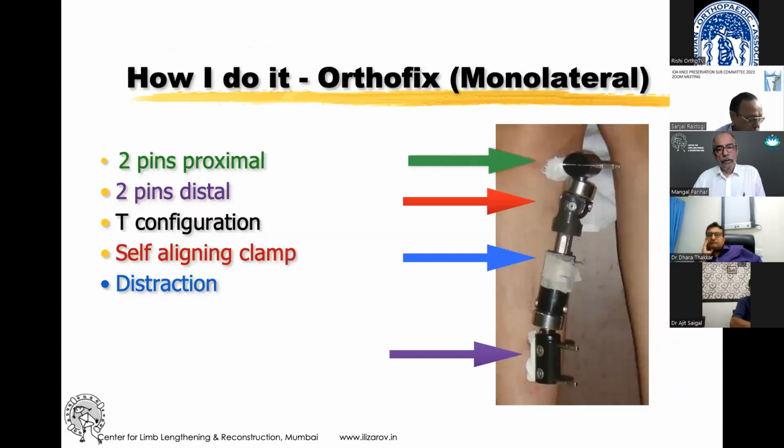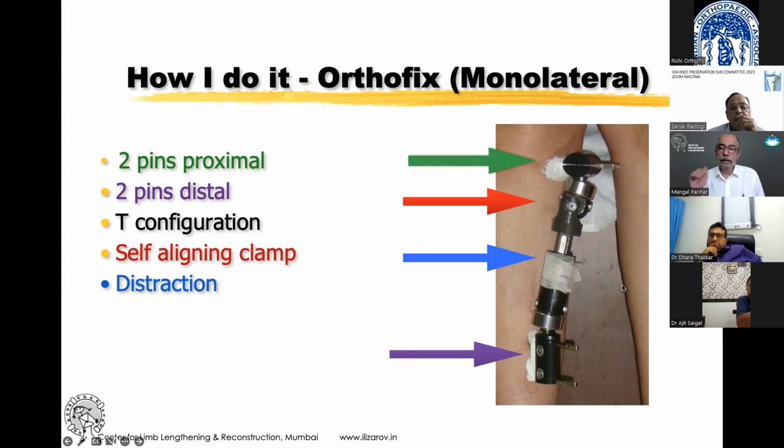So therefore, what I like to do many of the times is to use an Orthofix, which is a monolateral fixator. There are two pins proximally, which are shown in green. There are two pins distally, which are shown in purple. There's a self-aligning or self-adjusting clamp, which is shown in red. And this whole thing is in a T configuration.